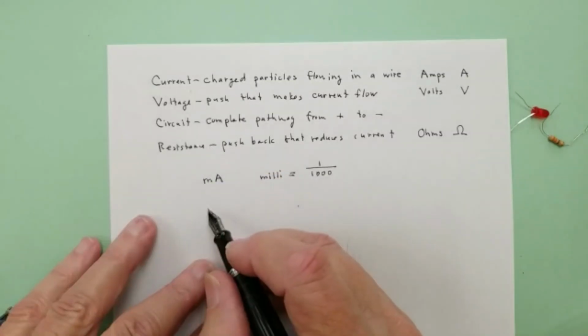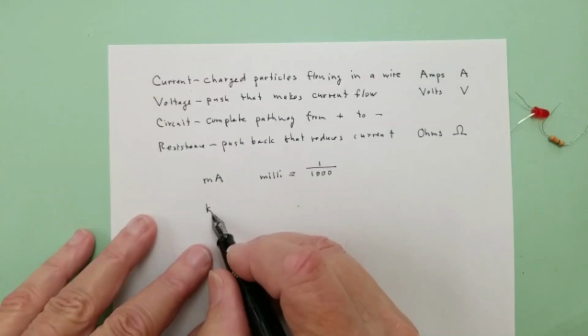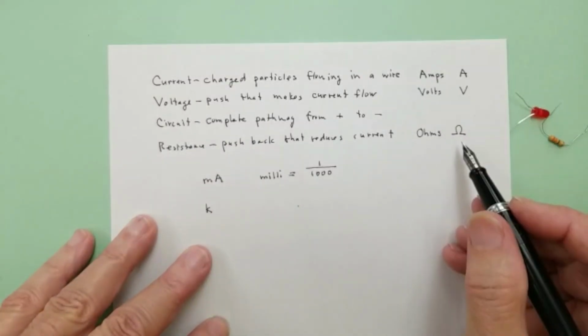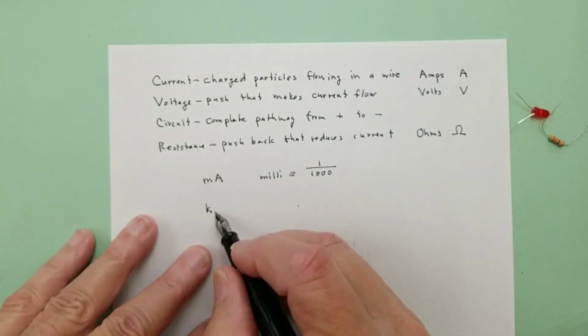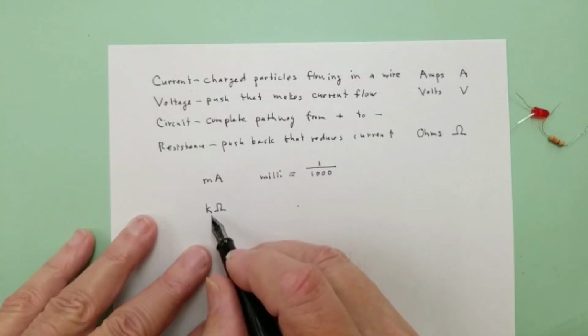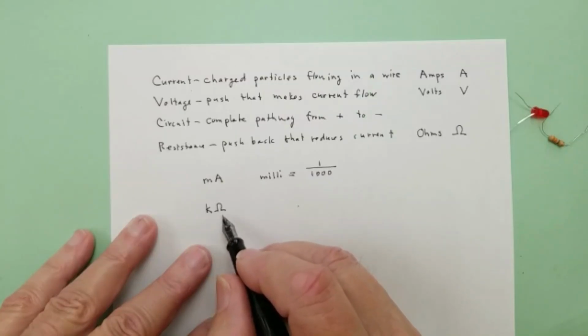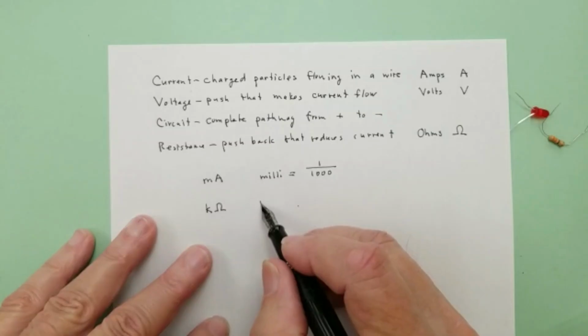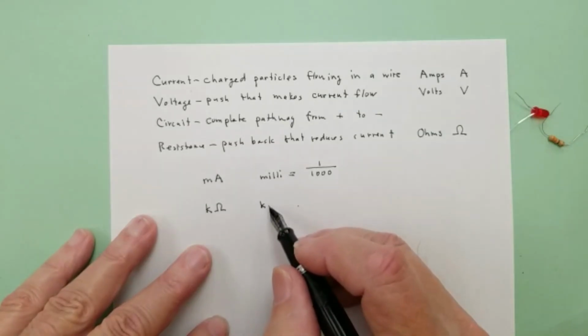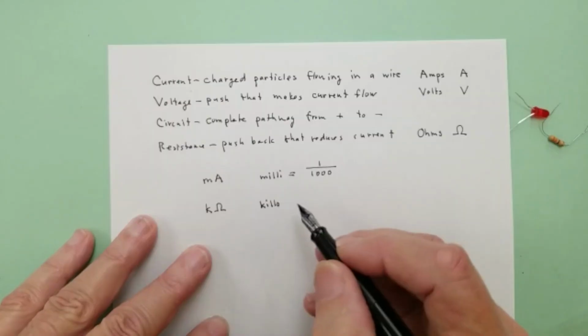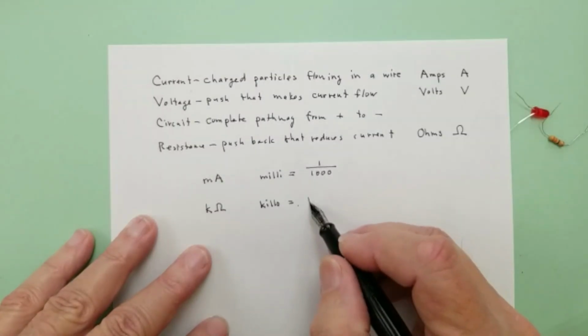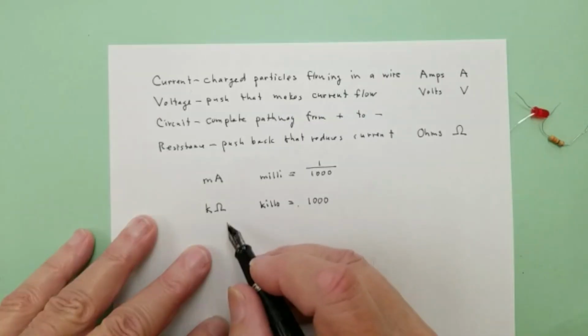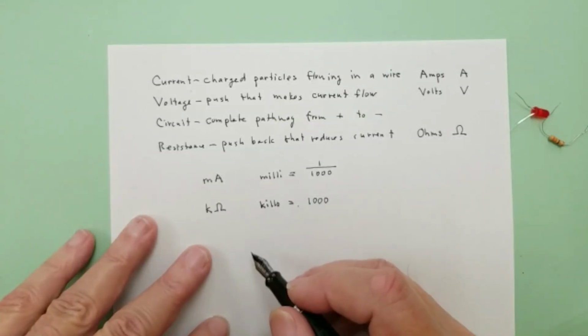Similarly, another very commonly seen symbol that modifies these values is k. So for example, if we had a k and an omega, k here is equal to kilo, and that is equal to 1,000 times. So a kilo ohm would be 1,000 ohms.